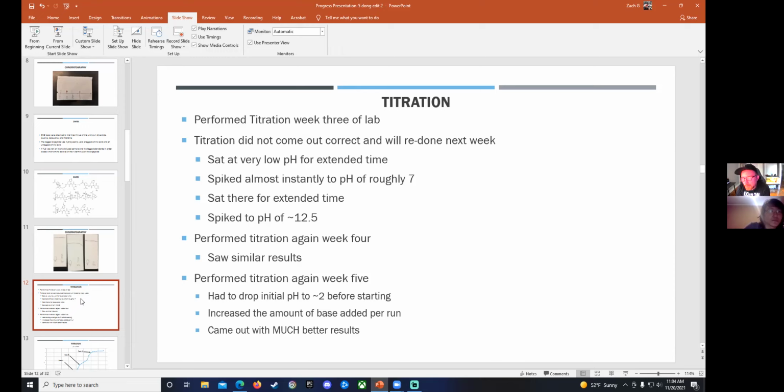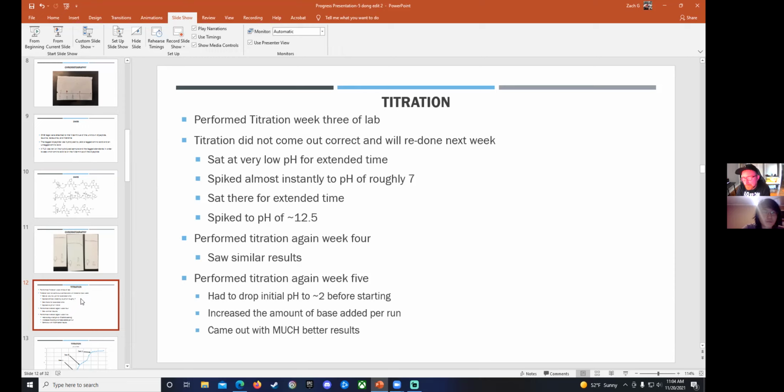We started at a very low pH. I'll just go through the steps here of the nightmare that was titration. It didn't come out correct, and we knew that we would need to redo it. But of course, we wanted to finish the process and see exactly what we came out with. When we performed that first titration, the biggest problem that we had is we could not get the pH to change on our unknown.